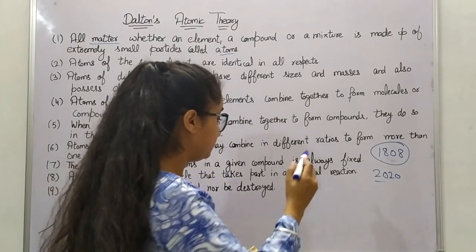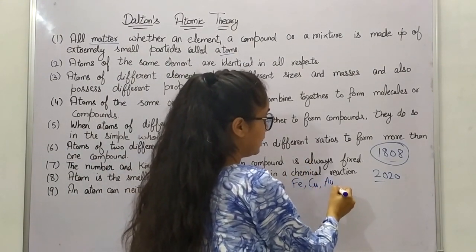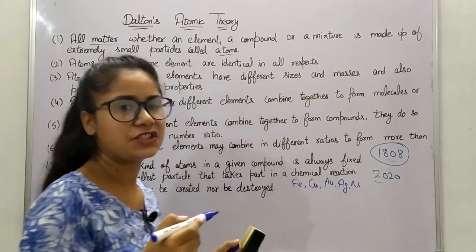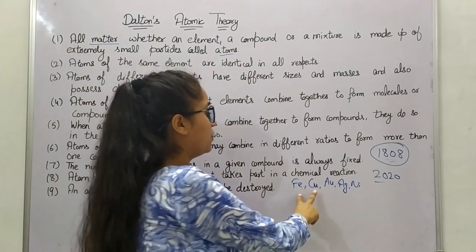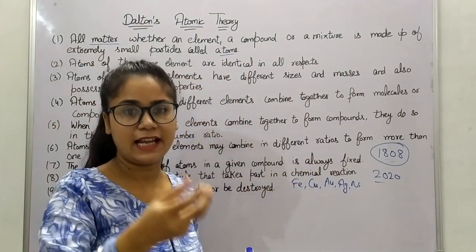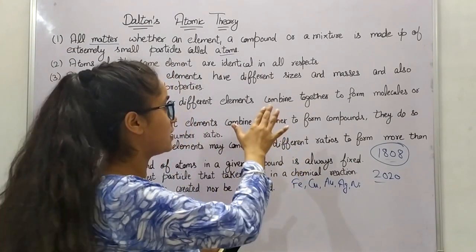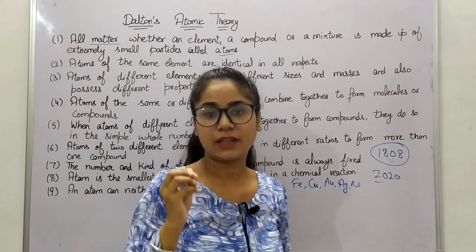For example, iron, copper, gold, silver, nickel, each and every element. Then a compound means when two or more elements combine to form another new substance. Or a mixture, which we usually take in liquid form.